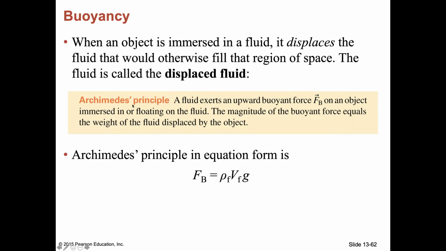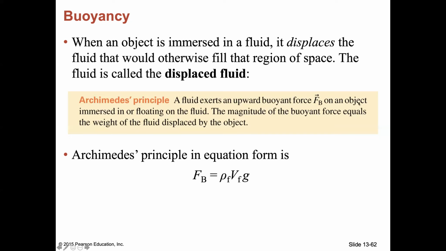So Archimedes' principle states that a fluid exerts an upward buoyant force on an object immersed in or floating on the fluid. The magnitude of the buoyant force equals the weight of the fluid displaced by the object. So this is a way of calculating the buoyancy.